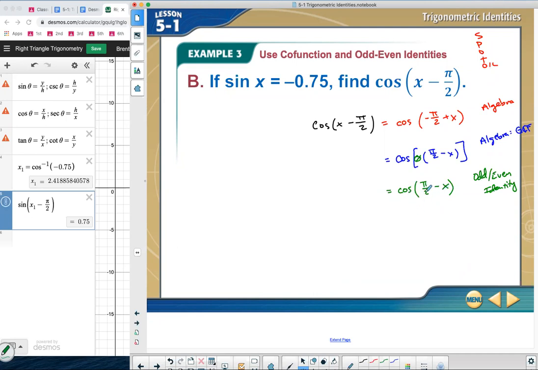Okay, now I have this in normal cofunction form. This is saying cosine of a complementary angle. Well, cosine of a complementary angle is equal to sine of its complementary, which is just x. That right there is called the cofunction identity.